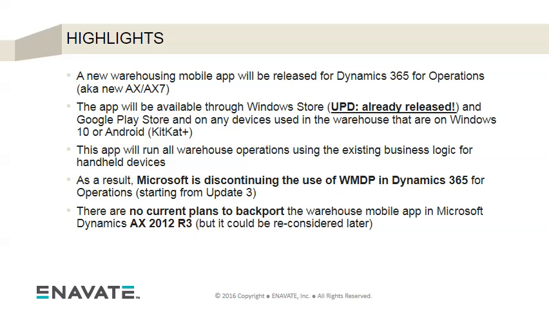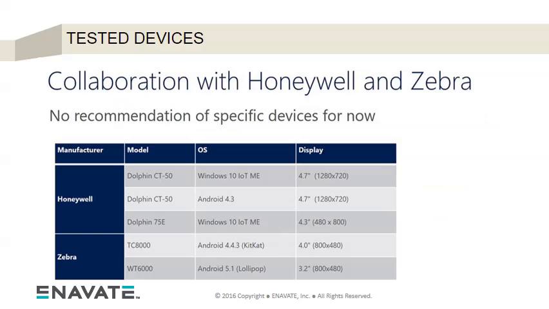Any current implementations, they still will support. If someone is already in process of implementation on update 2 or update 1, then of course they will support WMDP, and they will continue to support WMDP for AX 2012 since they don't have any current plans to backport the app for Dynamics 2012.